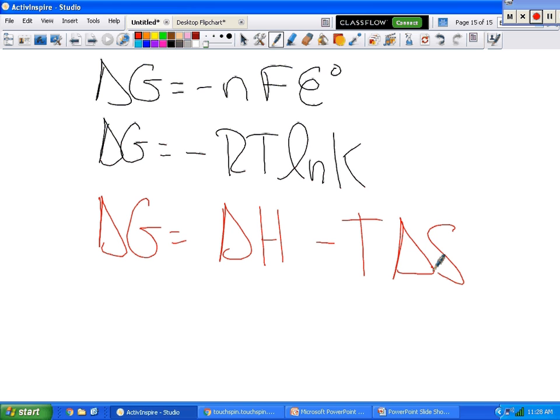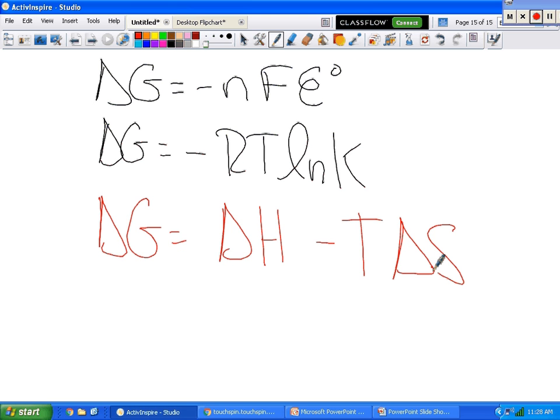And here's the acronym. So we've got nFE, RT ln K, and Ghetto Homies Take Speed. We hadn't talked about entropy yet, but I'm introducing the delta G aspect of it.